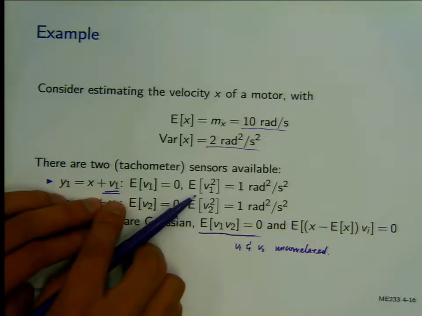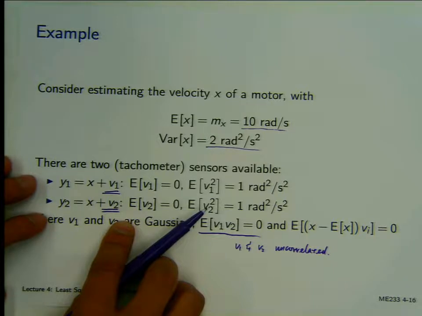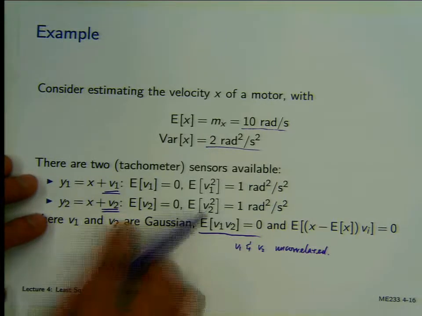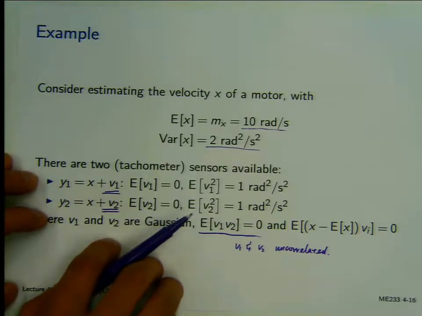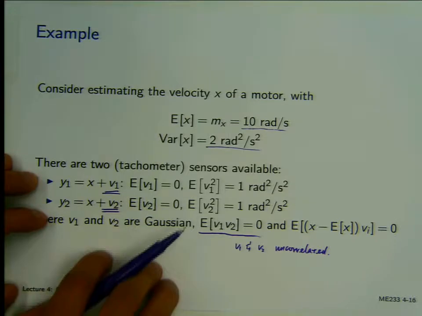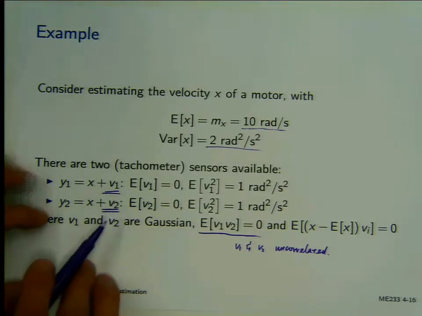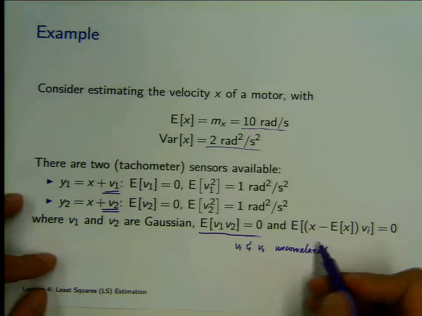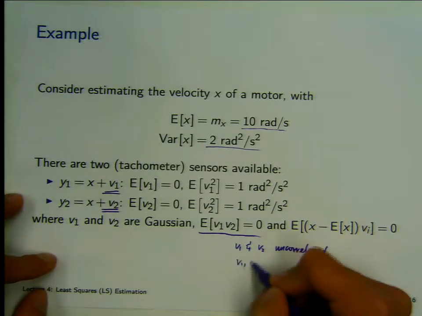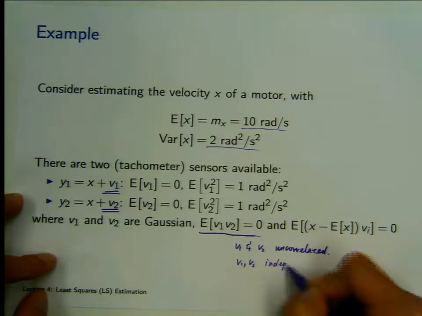So what about y1 and y2? Are they related or not? Because both of them contain information of x. What about v1 and x? In this case, no, because v1 is a sensor noise. They are uncorrelated. Let's say v1 and v2 are independent of x.